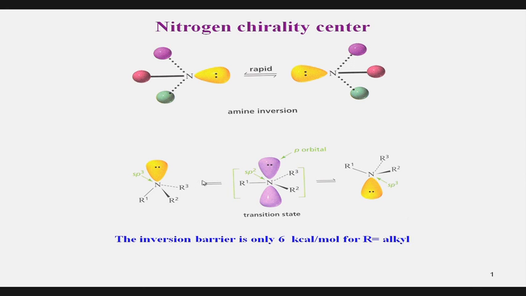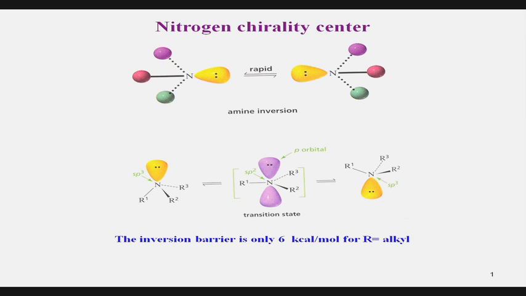Okay. So, this process, as I said, happens at room temperature, because the inversion barrier is only 6 kilocalorie per mole for R equal to alkyl, because the inversion barrier depends on the size of the different alkyl groups. So, the inversion barrier may vary.